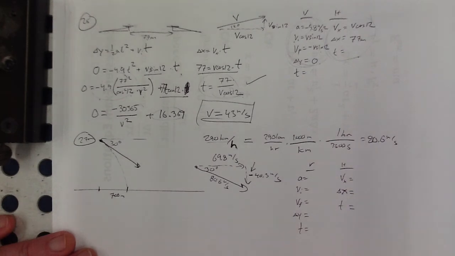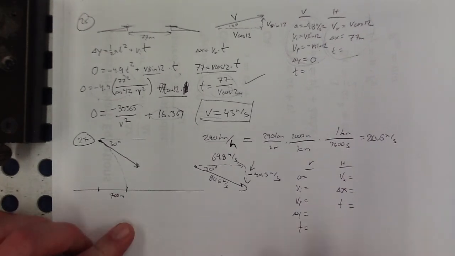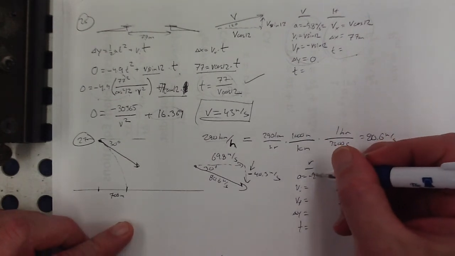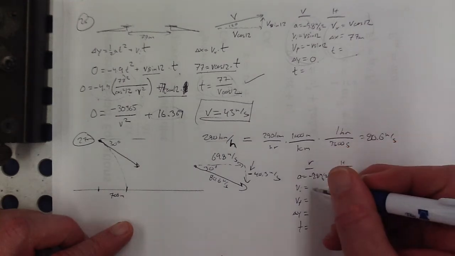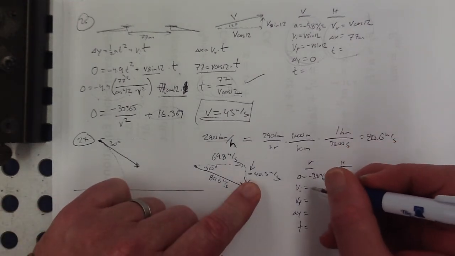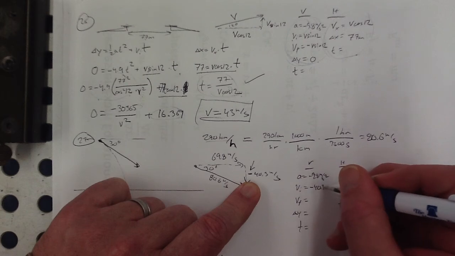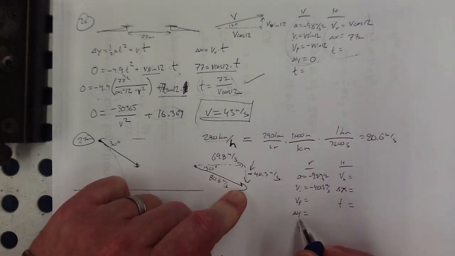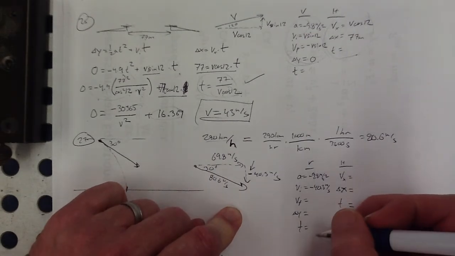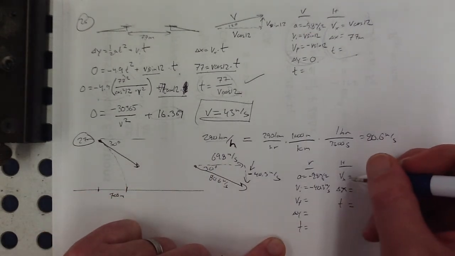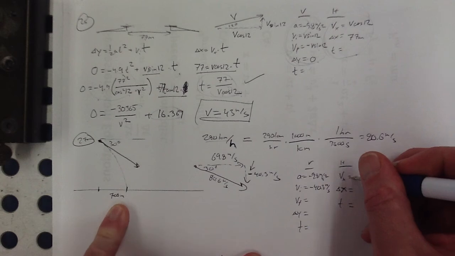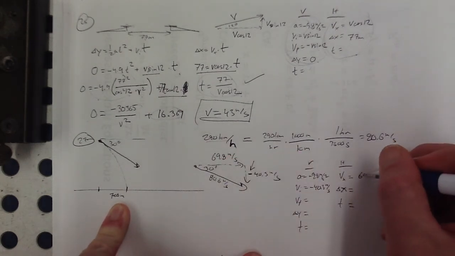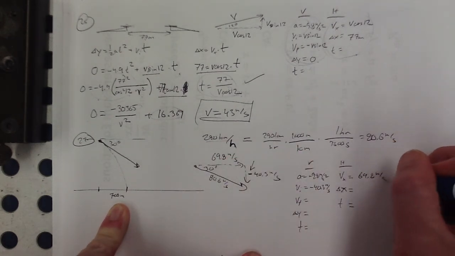All right, so what do we know? We know acceleration, initial velocity, final velocity I don't know, delta y I don't know, time I don't know. Vx, the velocity in the x direction, is a constant velocity, right?